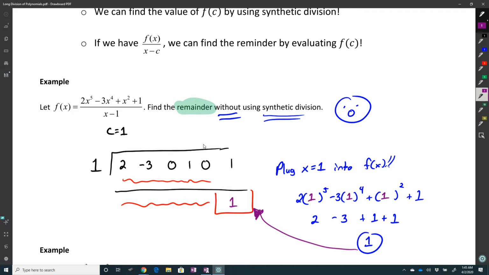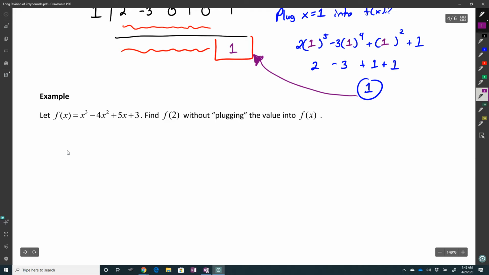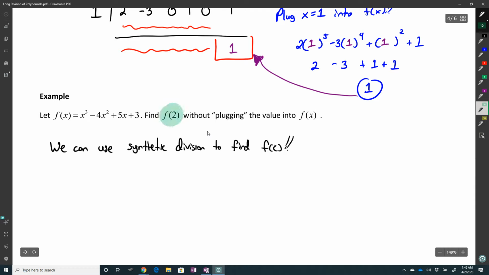Anyway, another thing that you can do is I can also use synthetic division to figure out what f of c is. This is a different type of problem. Okay, so it says find f of 2 without plugging in the value.